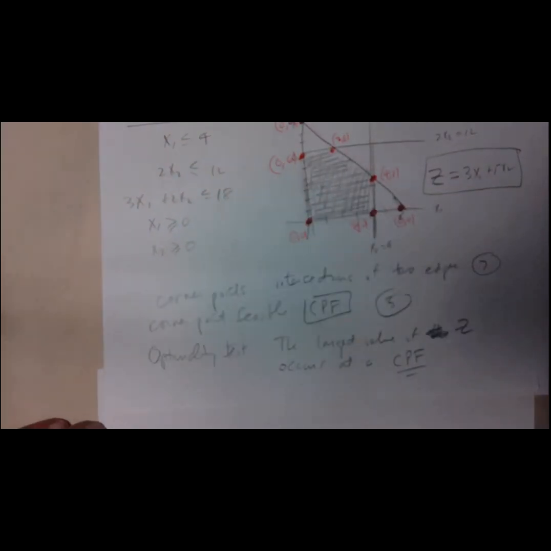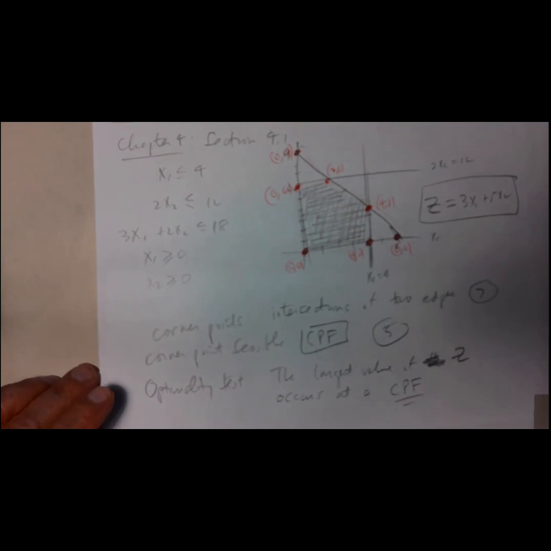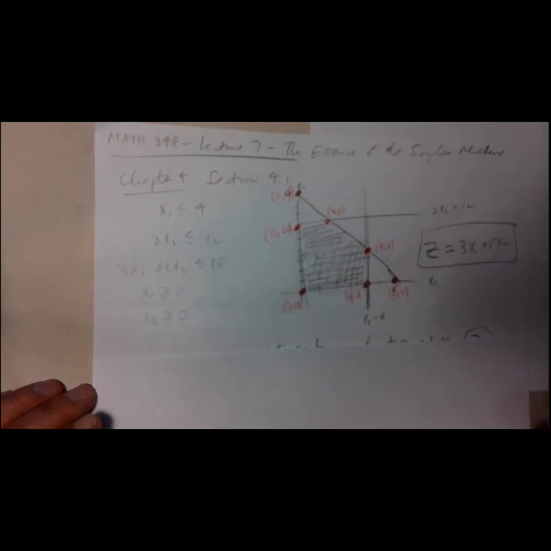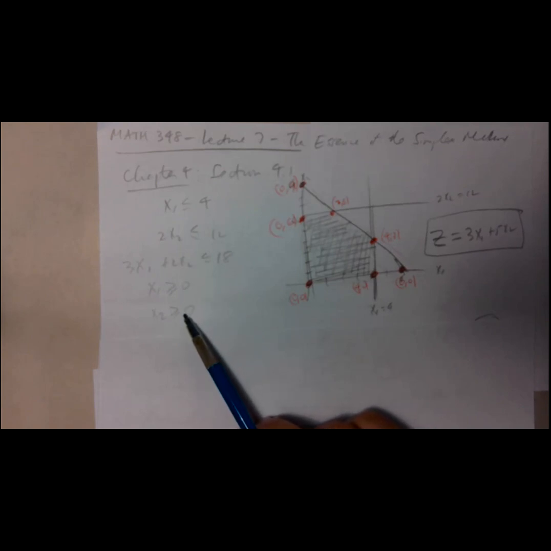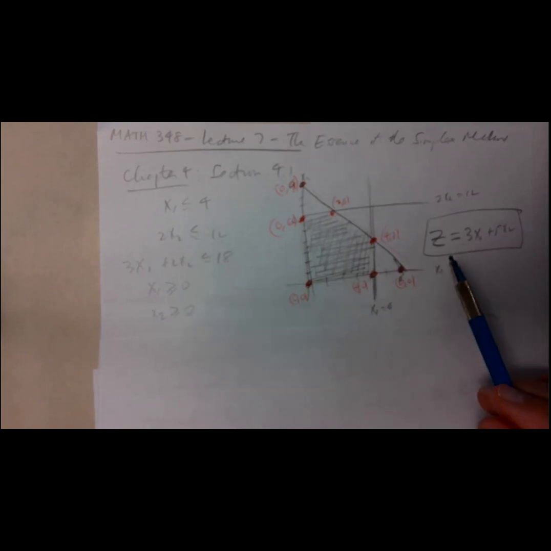So let me show you by looking at this example of the Zindor Glass Company what this means. So here is our linear programming problem. This is the feasible region with these 5 constraints, 3 inequalities plus the non-negativity conditions. And this is the objective function.